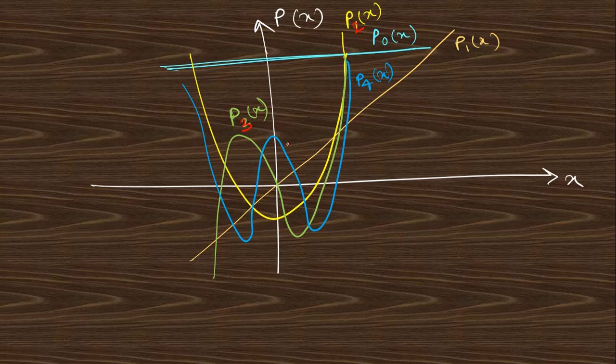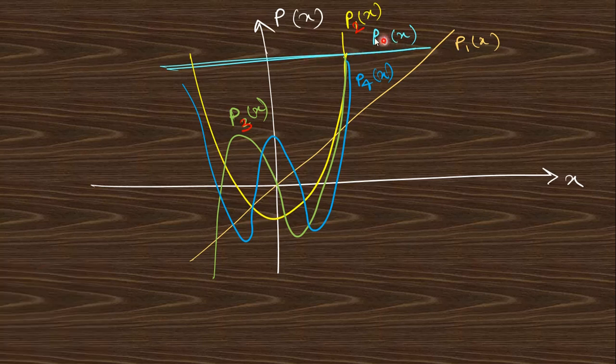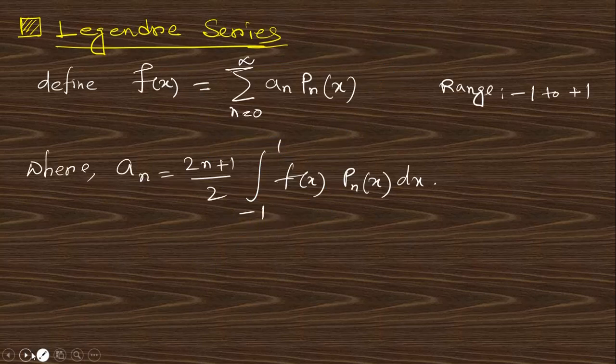Okay, this is correct. Then P0(x), P1(x), P2(x), P3(x), P4(x), P5(x) and so on. This is the Legendre series.